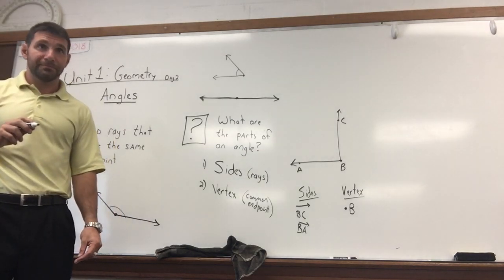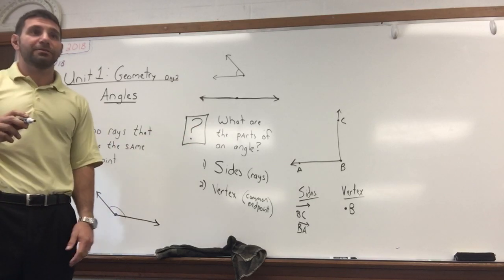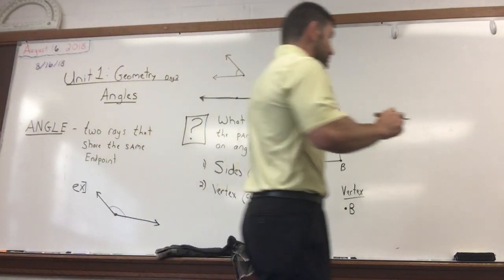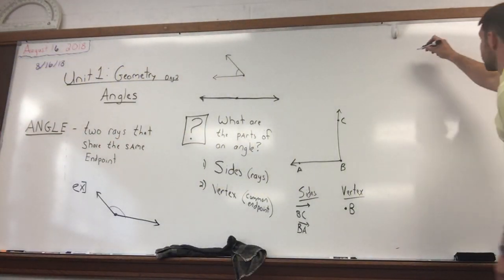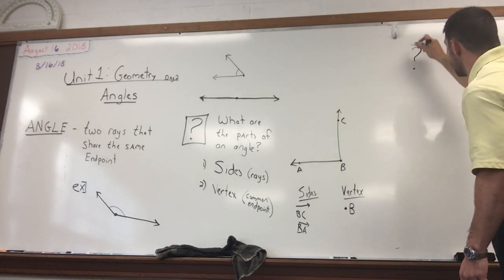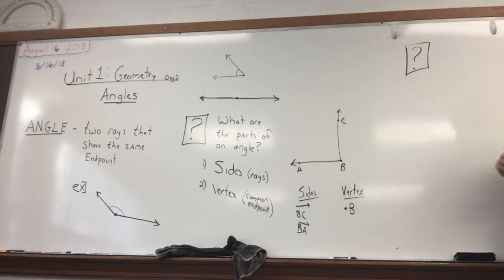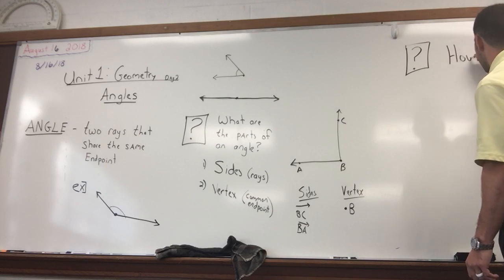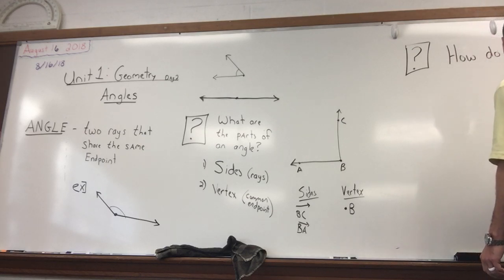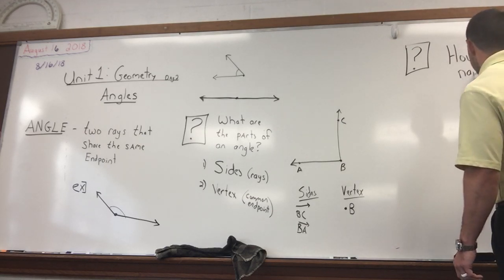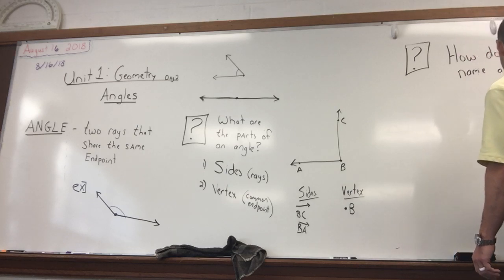Okay, we're going to use this same picture because we've got another important question. Promise, we're almost done. It's going to be a quick day. How do we name an angle?